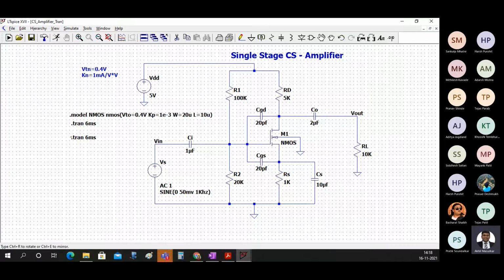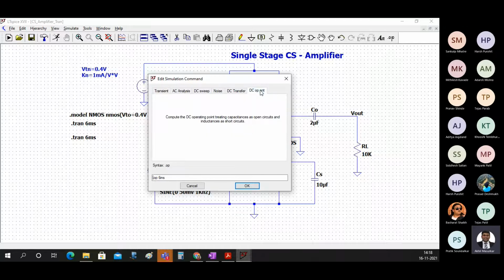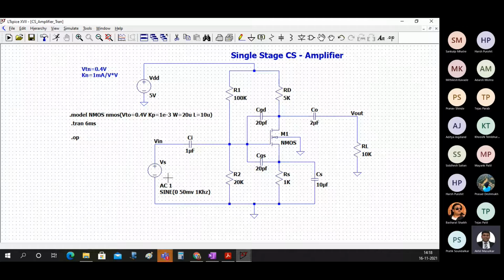Copy this dot tran once using this copy button, and then you select your dot op, so you should be able to see dot op and dot tran together. Oh, sorry, don't do this here. It's my mistake. Dot op doesn't work with that. Okay, just leave it like this.